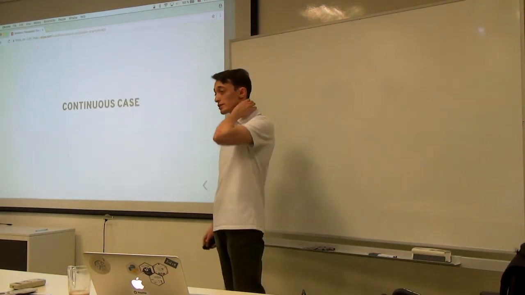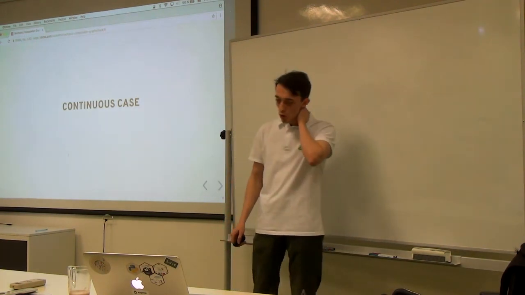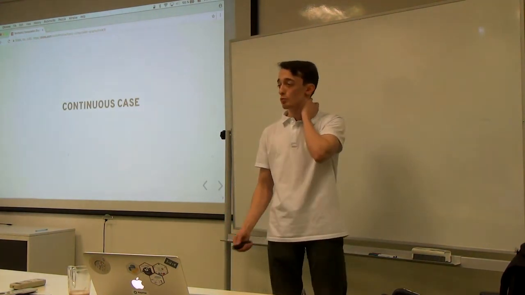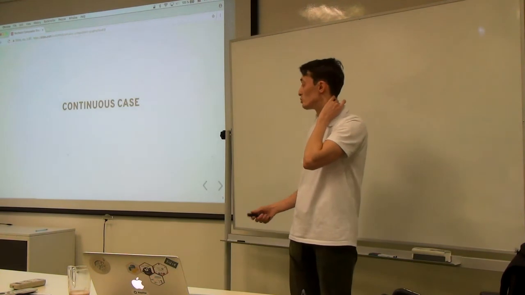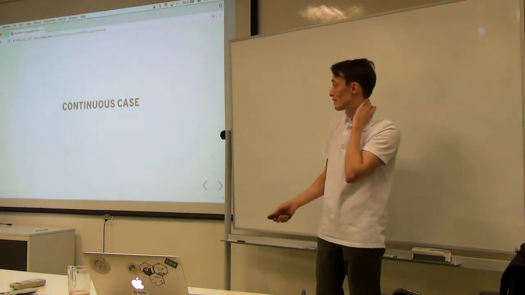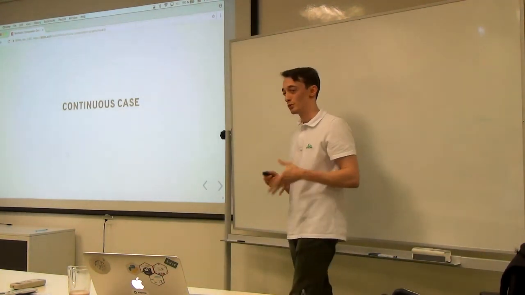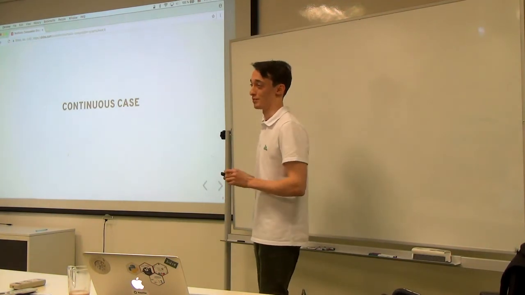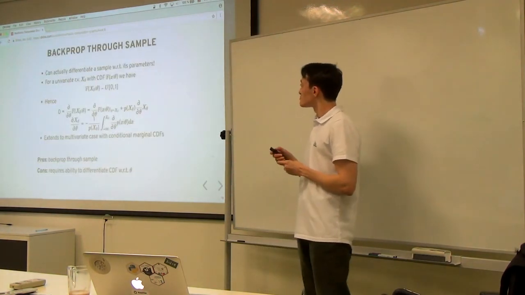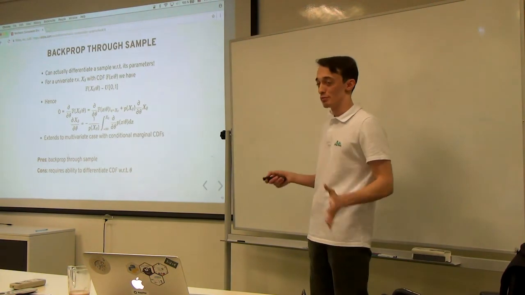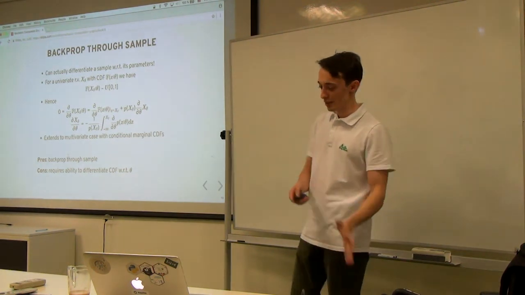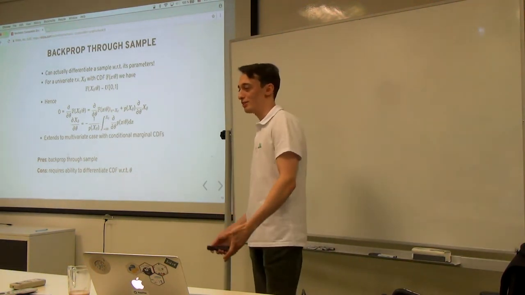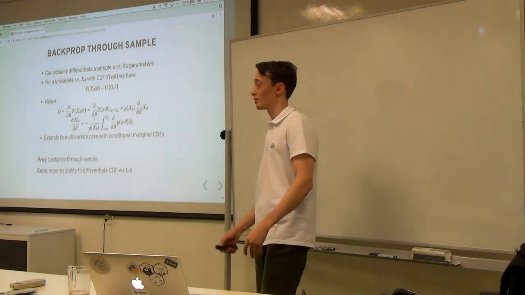And for now, we'll discuss the continuous case, where we can actually backpropagate through random nodes, and I'll tell you right now how to compute the Jacobian of a random variable. You can do backpropagation through randomness, and as a result, you'll get a random Jacobian.